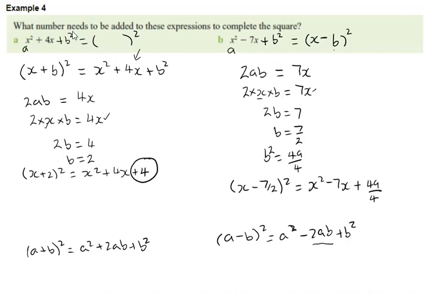So the question was, what number needs to be added to these expressions to complete the square? Well, I have to actually add this number here, 49 on 4, which means we can rewrite this as a perfect square bracket. Can be a little tough, okay, but let's see how you go with question 7.